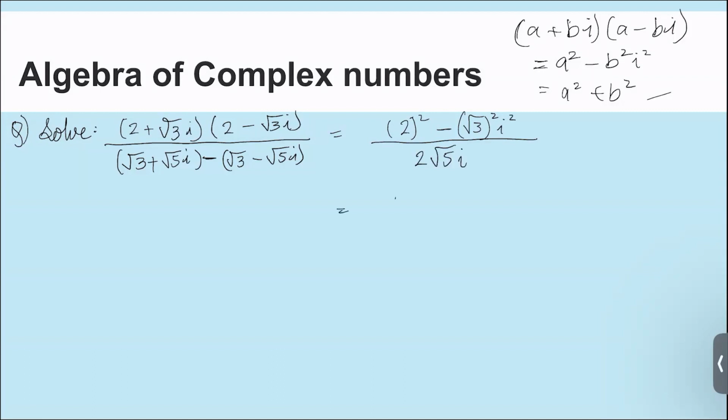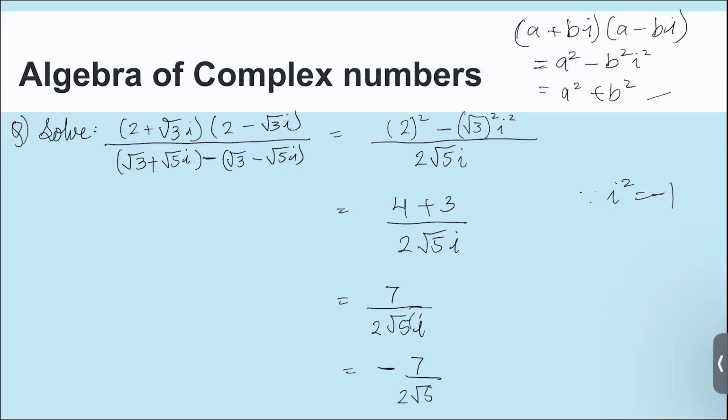Okay, so then this becomes 4, and since i squared is -1, that becomes plus 3, and then you have 2 root 5i. Then you solve it and you get 7 upon 2 root 5i. Now, since i is in the denominator, we want to bring it to the numerator, so you can just add a negative sign and you get this.